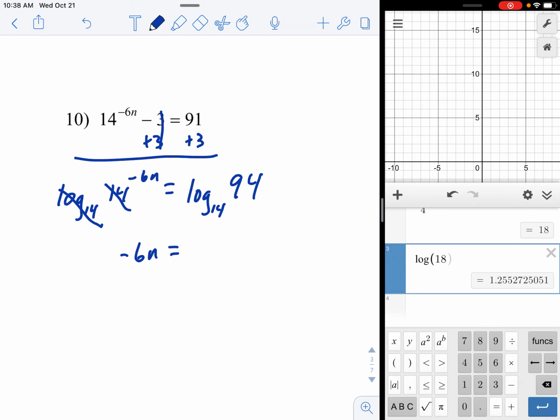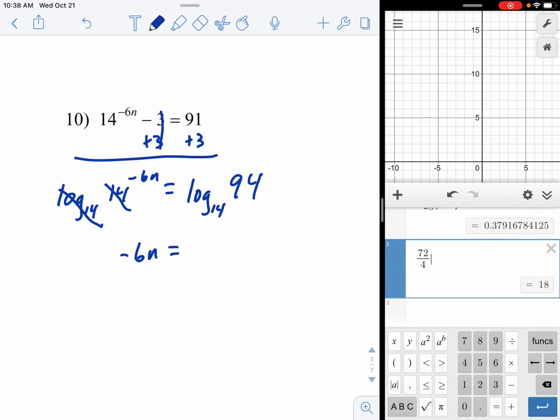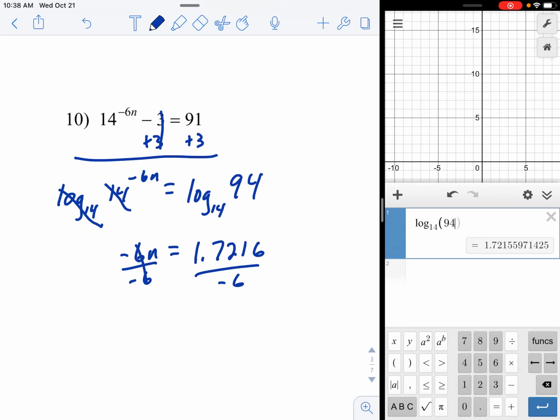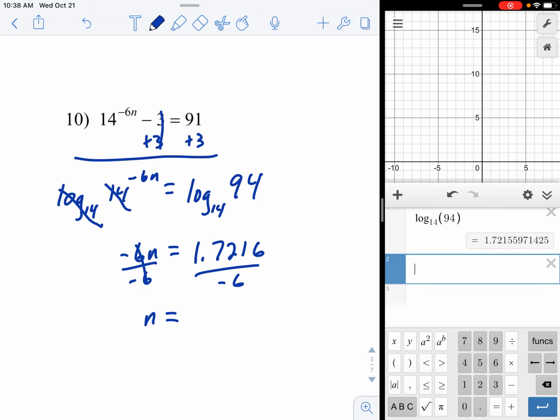You get negative 6n equals, here's where I need a calculator, function log a. The base is 14. The argument is 94. 1.7216.